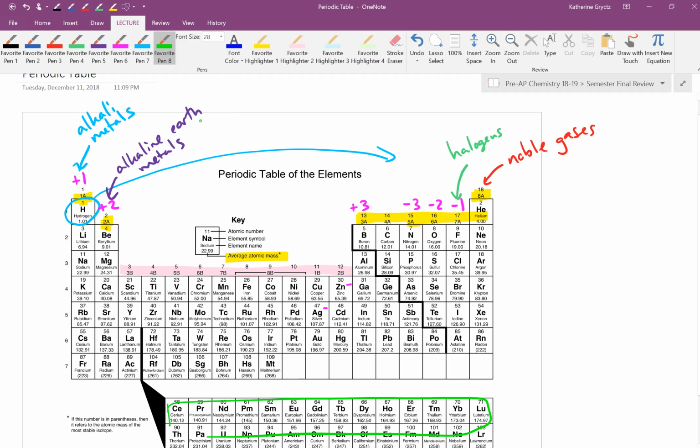Okay. You need to also know where the metals, nonmetals, and metalloids are. So this little staircase is going to separate it for us. So hydrogen doesn't belong over here, but everything to the left of this staircase and down here, these are all your metals. Okay, everything to the right of the staircase and hydrogen, these are your nonmetals.